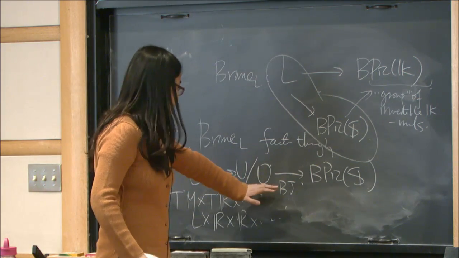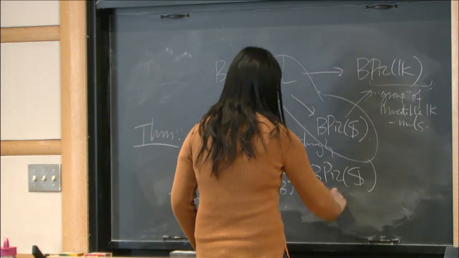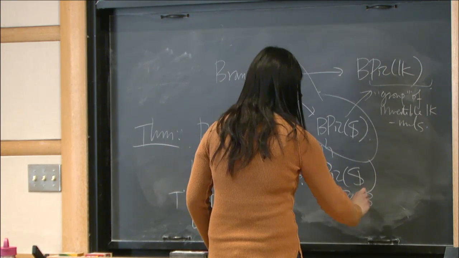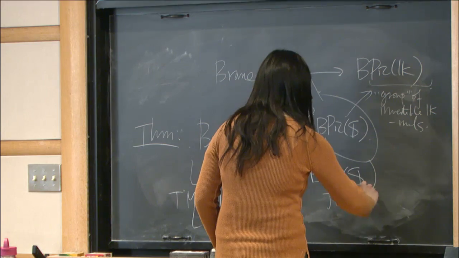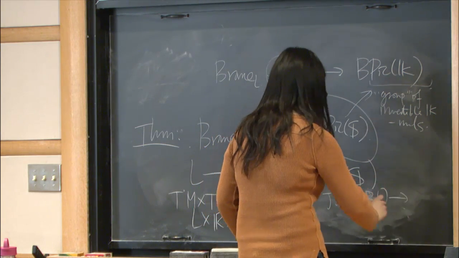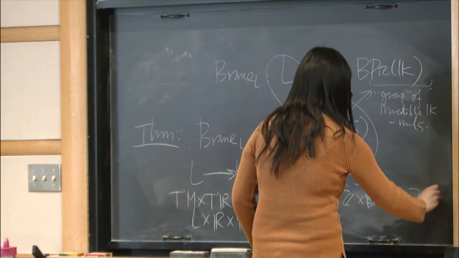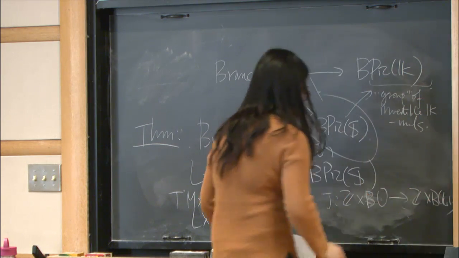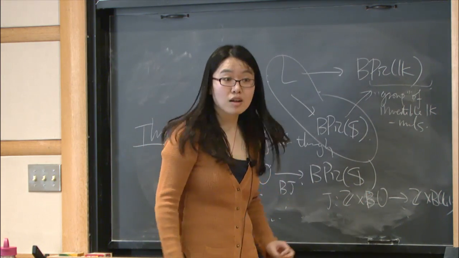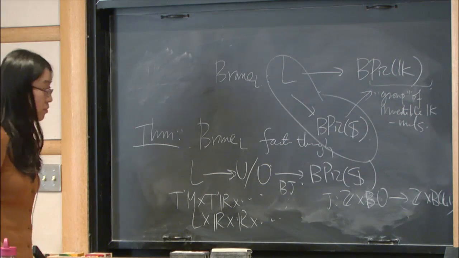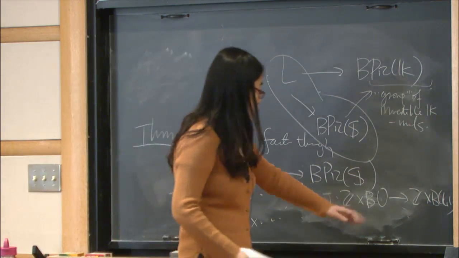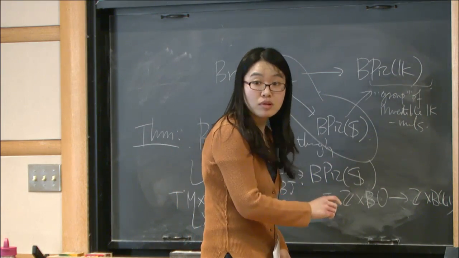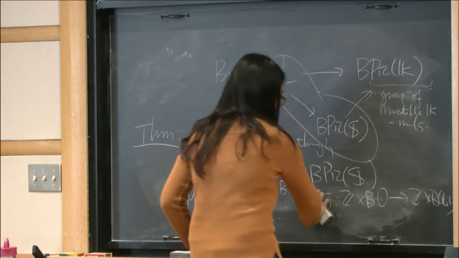And then this J homomorphism is from Z cross BO to Z cross BGL1S.